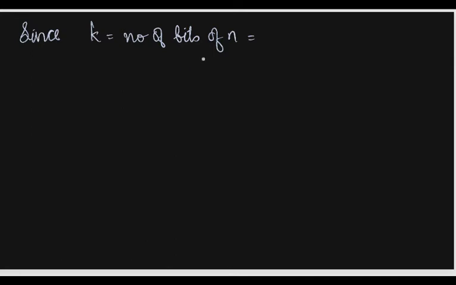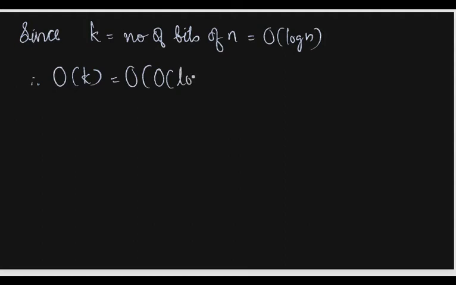Since k is the number of bits of n, it is equal to big O of log n. So we have big O of k is equal to big O of log n.